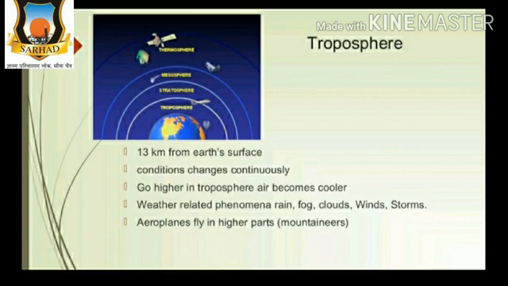Almost all the water vapor in the atmosphere is contained in the troposphere. That is why all weather related phenomena such as formation of clouds, rain, fog, winds, and storms take place in the troposphere. The air on high mountains is rarer than the air near the Earth's surface.